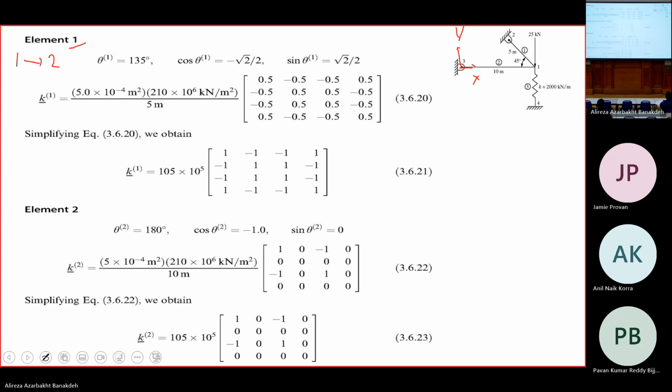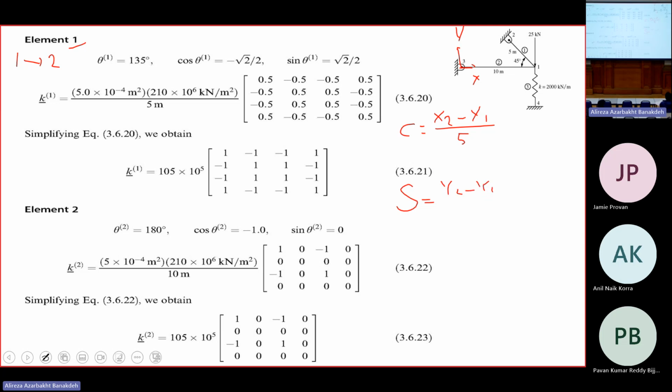So, for example, for element number 1, C is xj minus xi, meaning x2 minus x1, divided by the length of the element. What is the length of the element? 5 Newton, isn't it? Right? S is y2 minus yi.